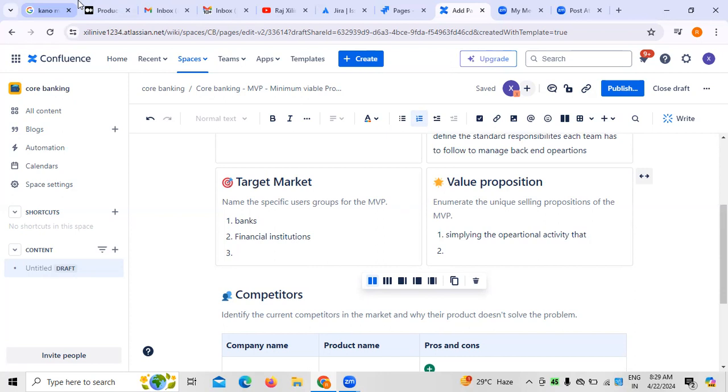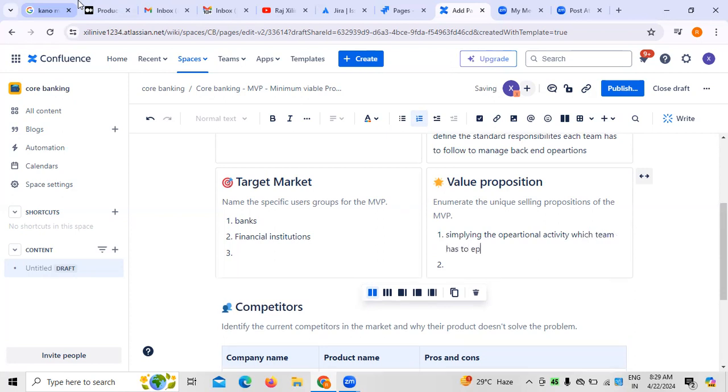Simplifying the operational activity which the team has to perform, and reducing the operational difficulty and complexity.